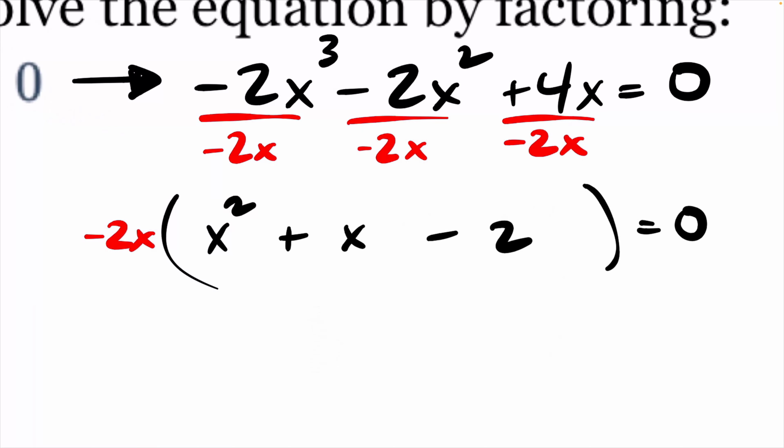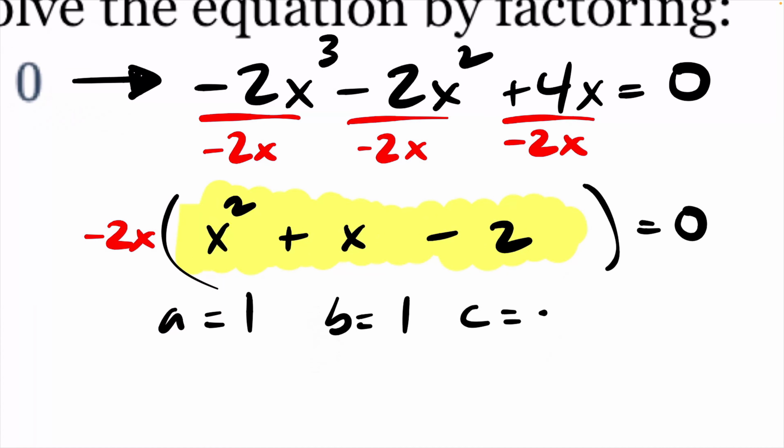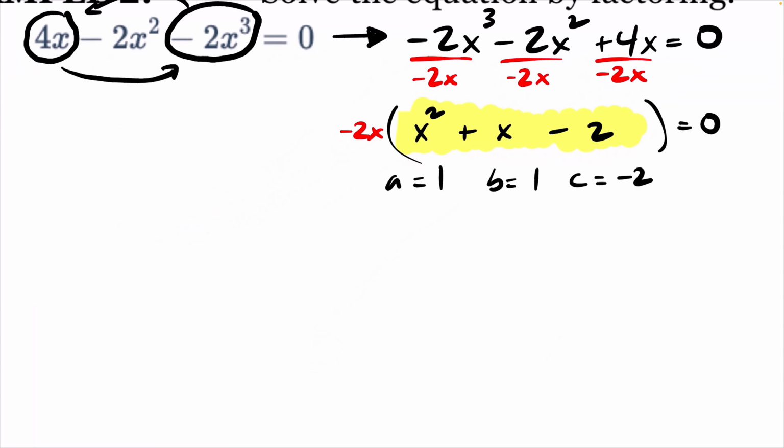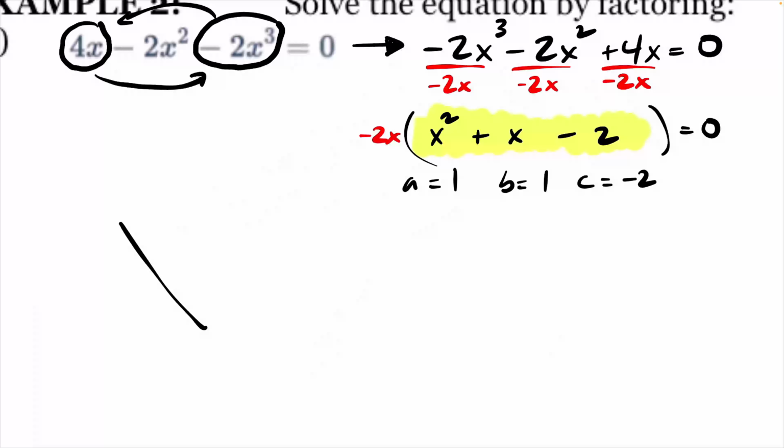Okay. A, B, C. What is A? What is B? What is C? A is one, B's a one, C's a two. Yep, 1, 1, and 2. Negative 2, sorry. Okay. A times C is negative 2.